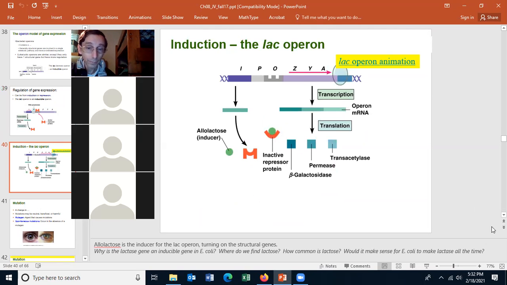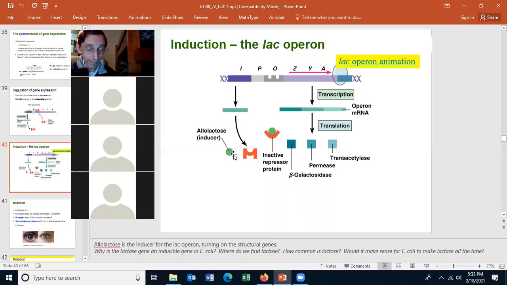But if the sugar lactose is around, it can get into the E. coli, and whenever the sugar lactose is around, there's the stereoisomer, which is the right hand of the left hand, meaning it's the same molecule, it's just one is left-handed and one is right-handed, if you remember that.